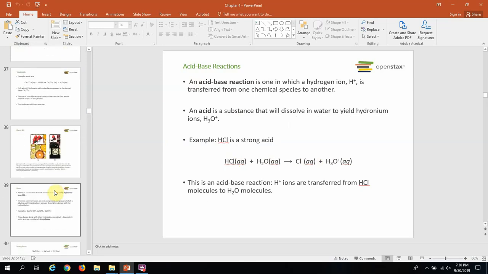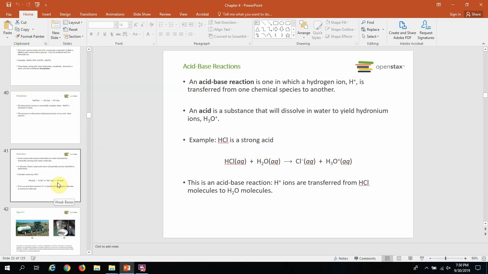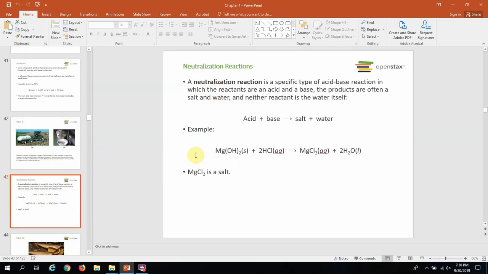But the more common expression of an acid-base reaction is the formation of what we call neutralization, in which that transfer of a hydrogen ion from, say, HCl to the OH minus here yields water. And that's a subset of acid-base reactions, the formation of water.